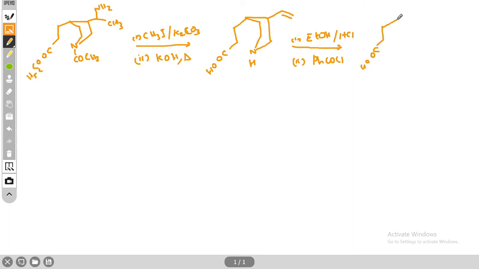COOH, and COPh, CH=CH2. Okay. Then what will this part be? The meroquinene part. So we should have a quininic acid part. That is another molecule.